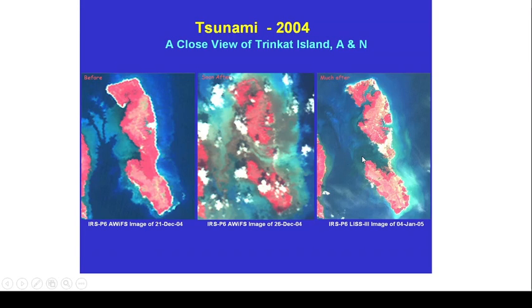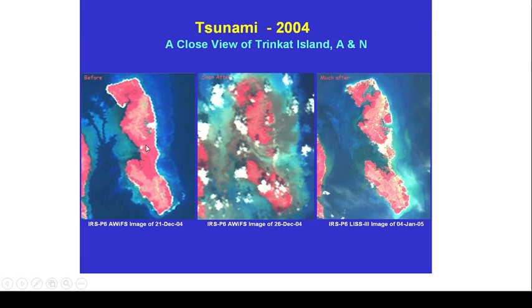And then much after the tsunami, on 4th January 2005, which is after 8 to 10 days, when the water and the waves were stagnant, at that time the final shape of Trinket Island was completely changed. You can see how before the tsunami the island was like this, and after the tsunami the shape of the island was completely changed.